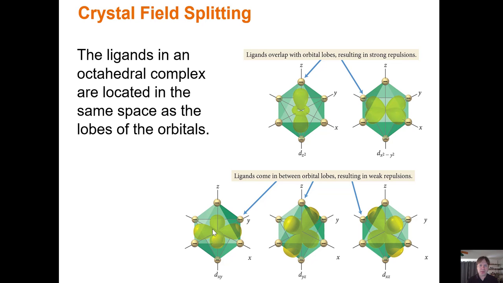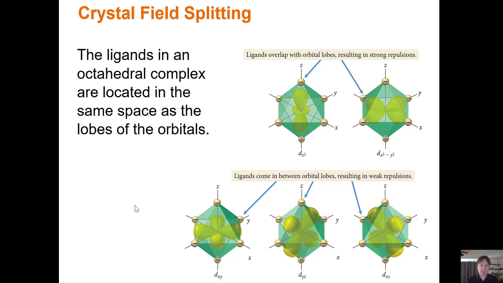So hopefully you can see that for the 3 down here, they're away from the ligand location. So you can have electrons that are not right on top of those ligands, whereas for the 2 up here, they are basically on top of the ligand location. And that affects what we call crystal field splitting.